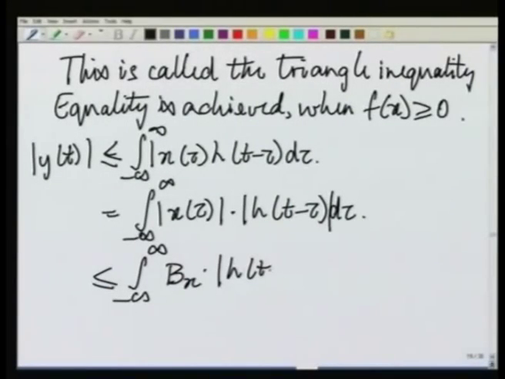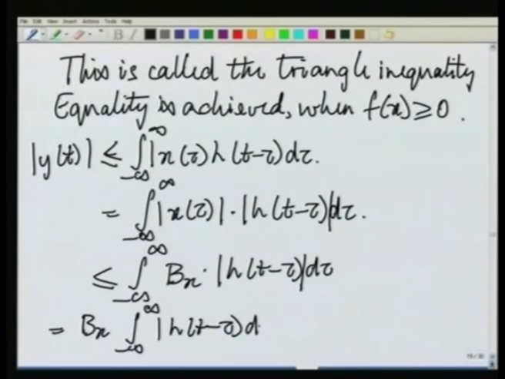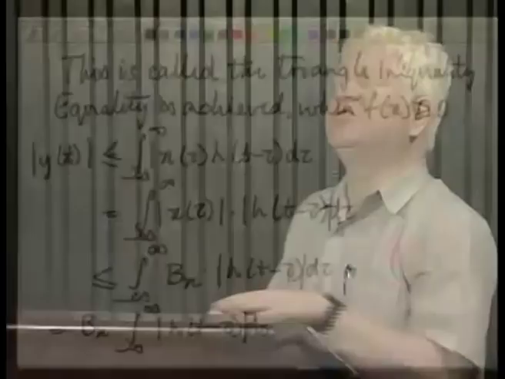So, we have the absolute value of h(t minus tau) d tau. This is equal to Bx times the integral of the absolute value of h(t minus tau) d tau. Bx could be taken out because it is constant with respect to tau.